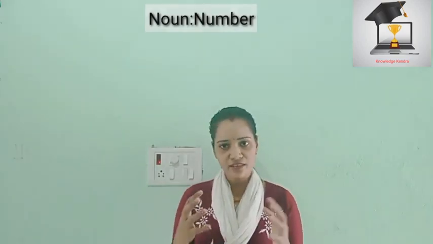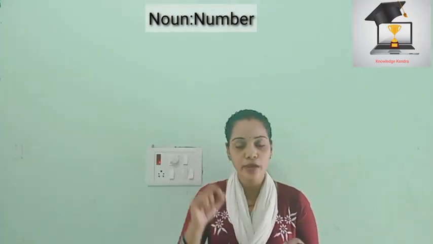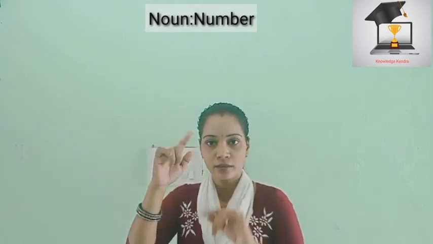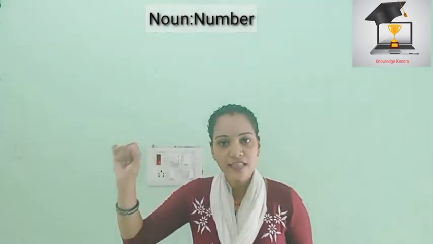And where will you put only s to form the plural from the singular noun? Here there are so many rules. The noun ending with a consonant as well as a vowel, you have to focus there. The noun ending with a consonant, like bird. At last we have d.